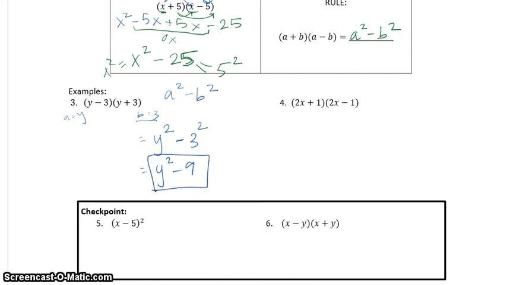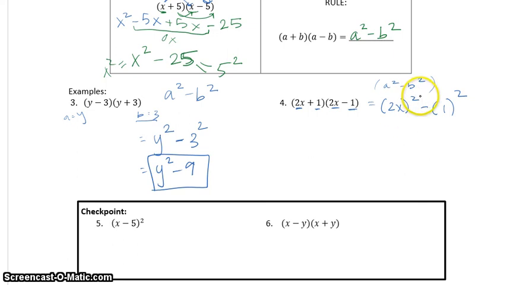In our second example here, number 4, we have 2x plus 1, 2x minus 1. We see our first term here is 2x and our second is 1. So our answer in the form of a squared minus b squared is going to be 2x squared minus 1 squared.